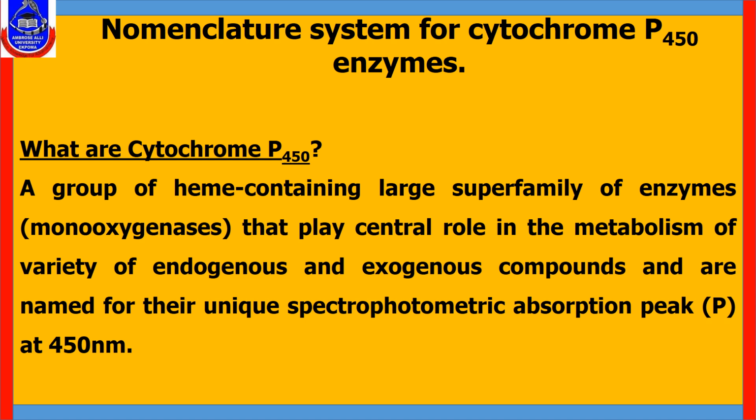What are cytochrome P450? Cytochrome P450 refers to a heme-containing large superfamily of enzymes, mostly or formerly known as monooxygenases, that play a central role in the metabolism of a variety of endogenous and exogenous compounds, and are named for their unique spectrophotometric absorption peak, that is P, at 450.